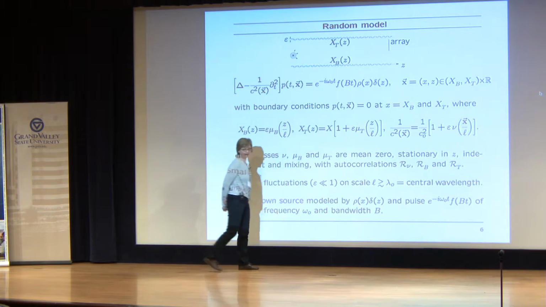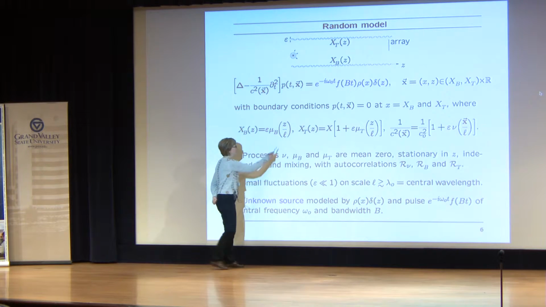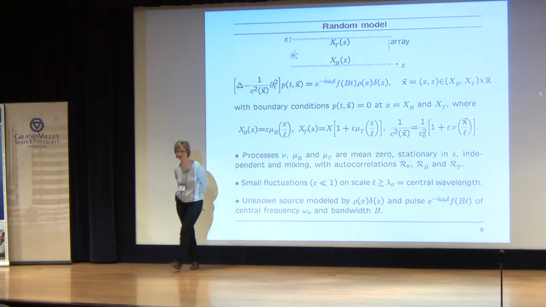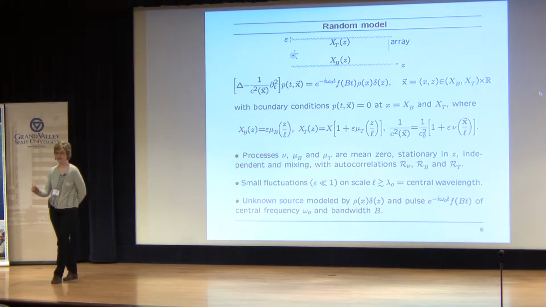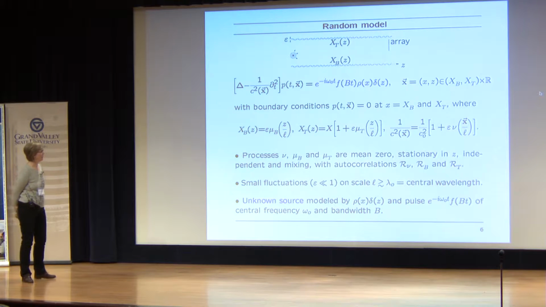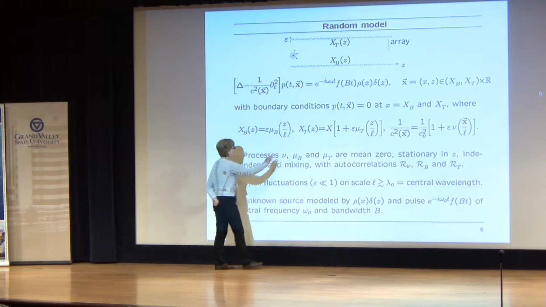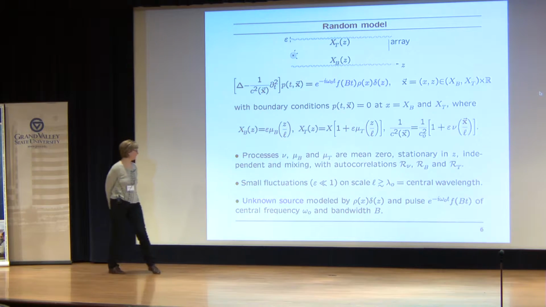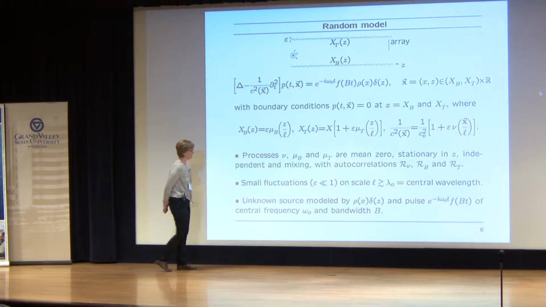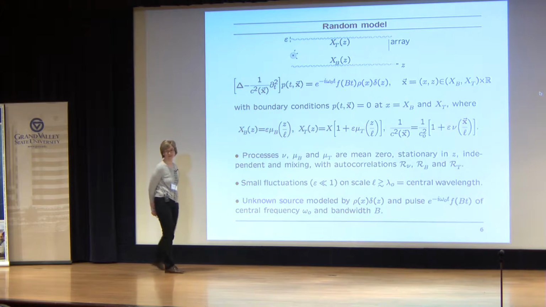Okay. And you see that here I introduced some scales already. So this little l is what is known as the correlation length, and this denotes the typical size of the inhomogeneities. And I chose the same correlation length. They don't have to be the same, they have to be similar, but I chose the same correlation length l here. And the correlation length is comparable with the wavelength, with the central wavelength, which is denoted by lambda 0.